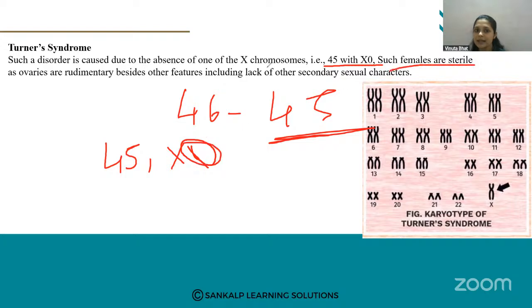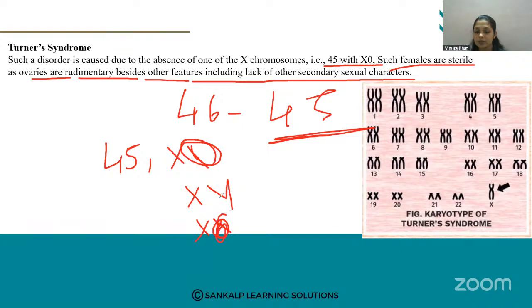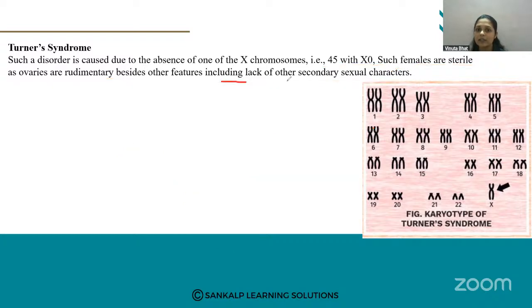Such females are sterile as ovaries are rudimentary, besides other features including lack of other secondary sexual characters. XY or XX should have been there, but here one X chromosome is absent. These are females but with rudimentary ovaries, meaning they are not functioning, along with the lack of other secondary sexual characters. So that is Turner syndrome, very important for your exam.